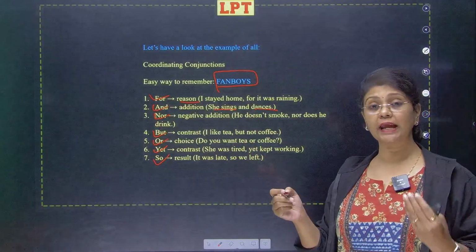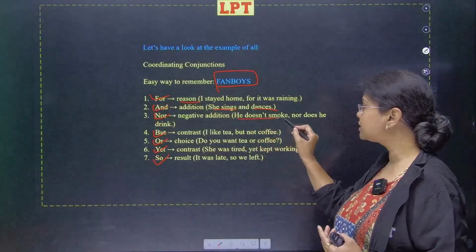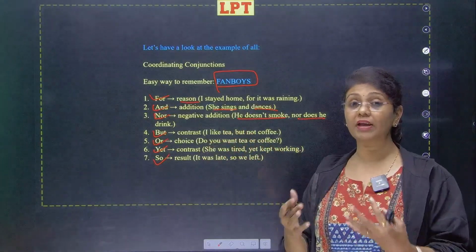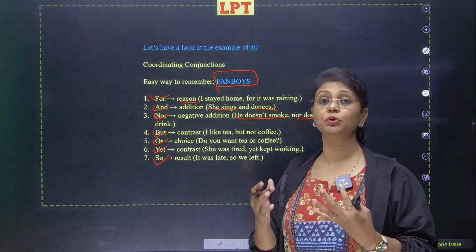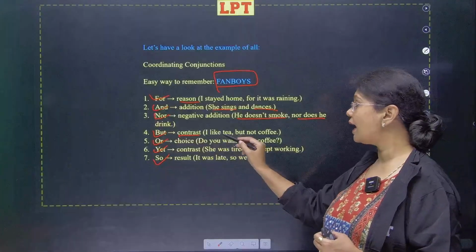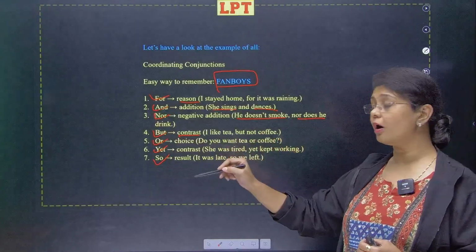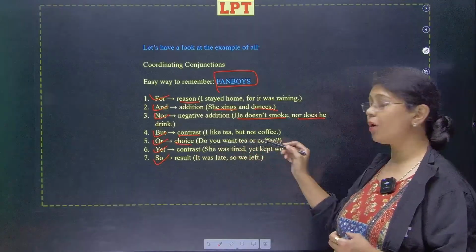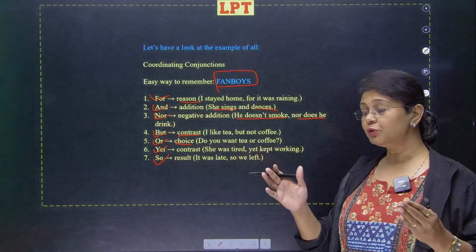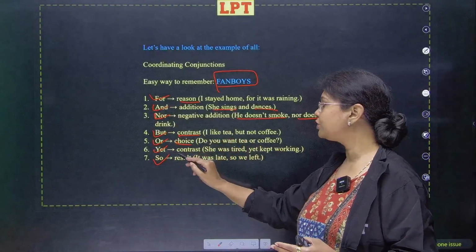Nor shows negative condition. So he does not smoke nor does he drink. But shows contrast. Again, very important because this is one of the most used conjunctions. For example, you say I like tea but not coffee. Or shows choice. Do you want tea or coffee? So when you want to have a choice between the two things, then you make use of or. Yet shows contrast.